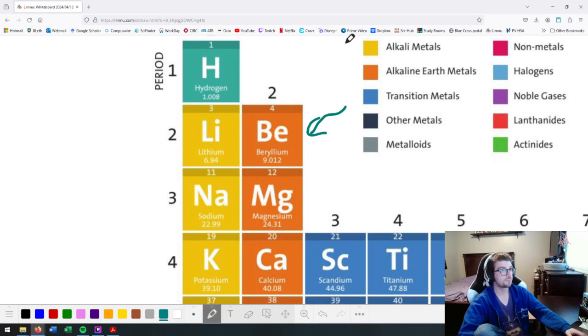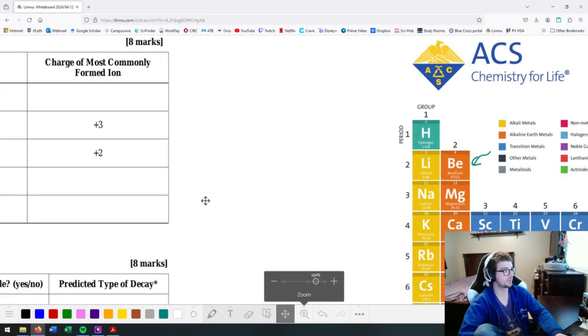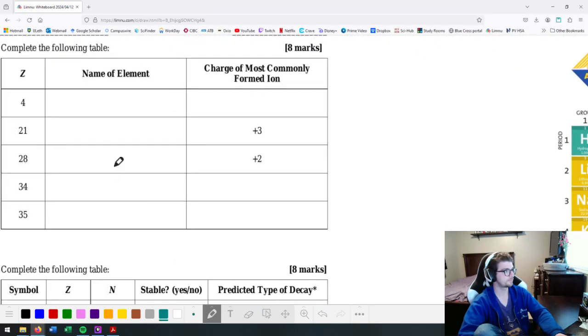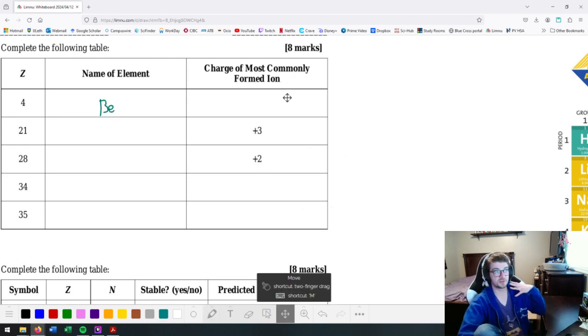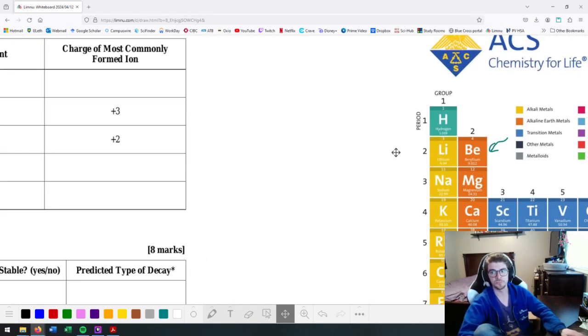Okay. So the element with Z equals 4 is indeed beryllium. And it's also asking the charge of the most commonly formed ion.